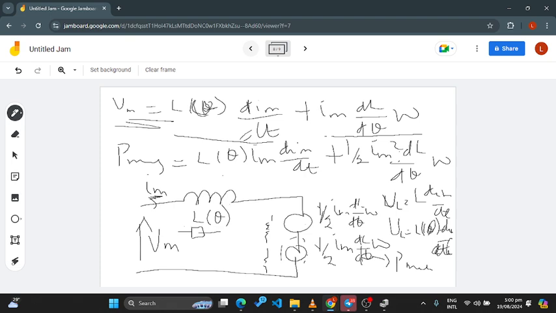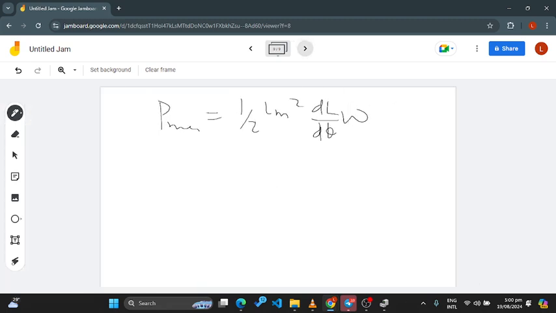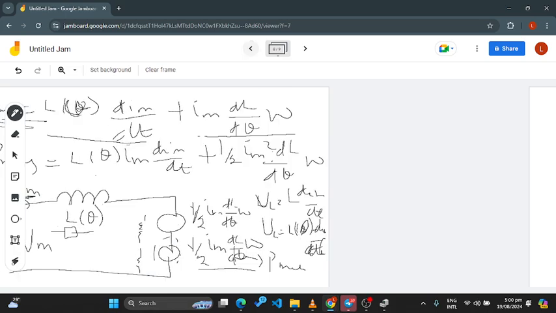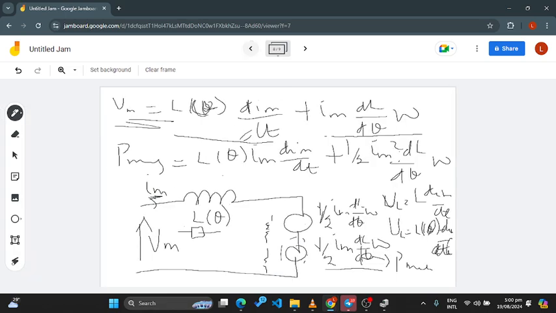If this current flowing through this multiplies the voltage drop here, am I not going to get mechanical power? That's going to give me the mechanical power. And the power consumed in this inductor and the power consumed in this guy also make up the energy stored in the magnetizing circuits. So that will give me P magnetizing.